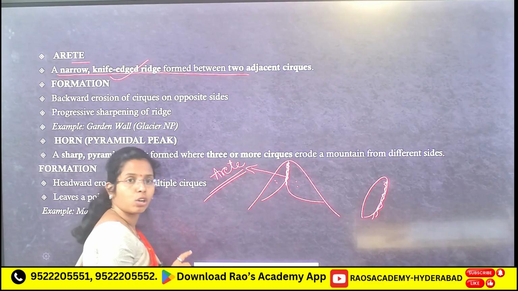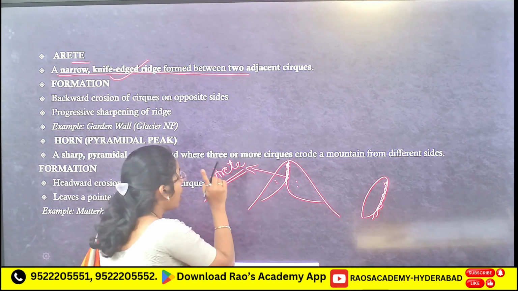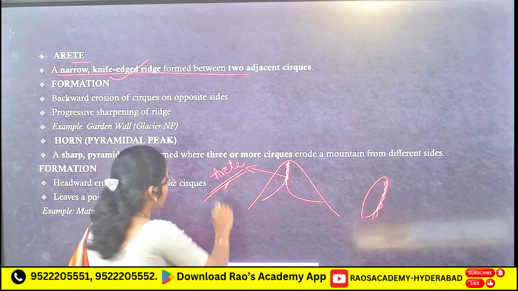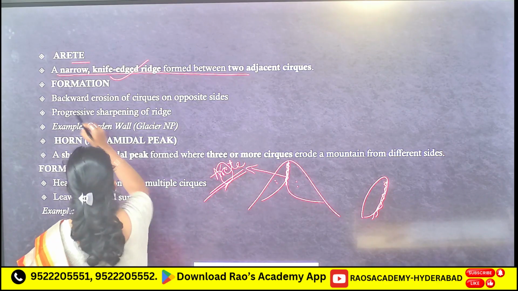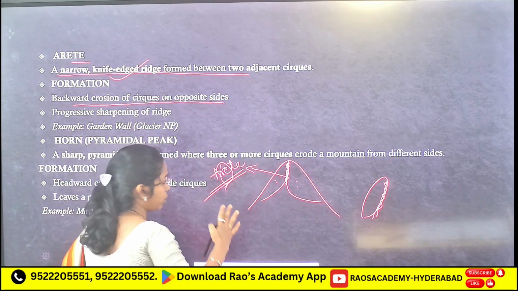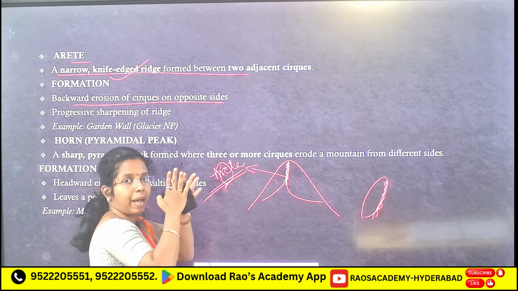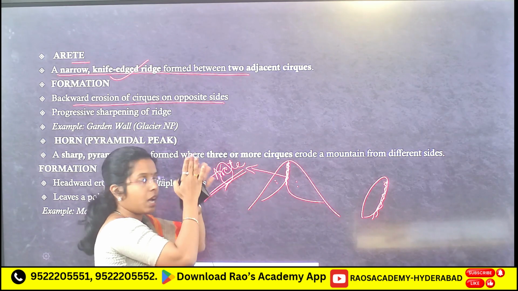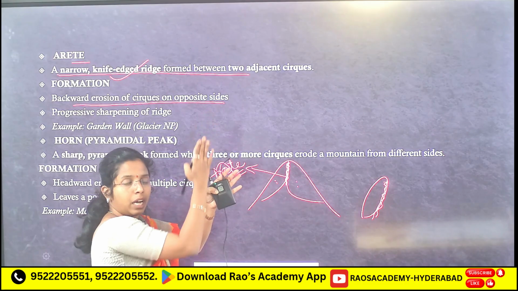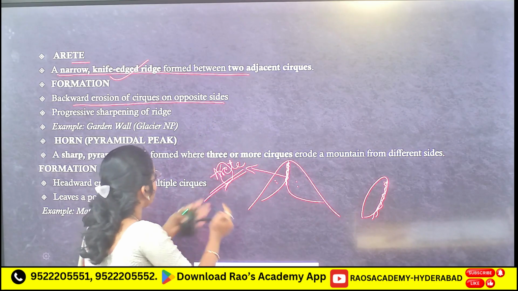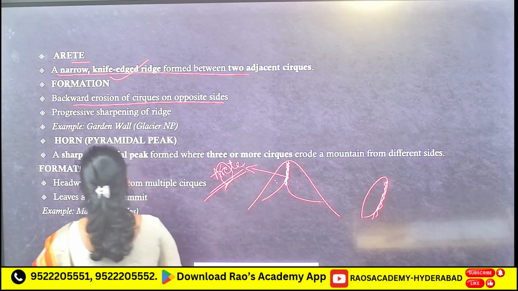Cirque is hollow shaped, it's a depression. Arete is a ridge. Due to backward erosion of cirques, when two cirques are eroding backward, in the middle you will see knife-edged ridge formation.